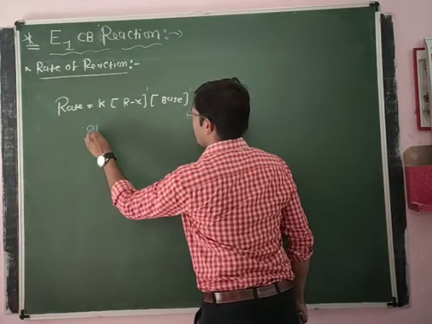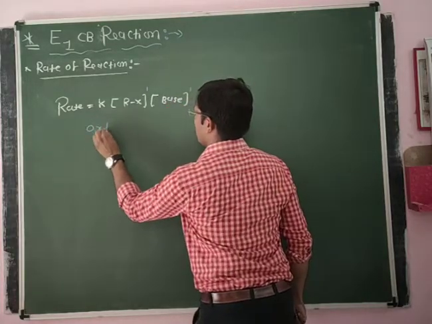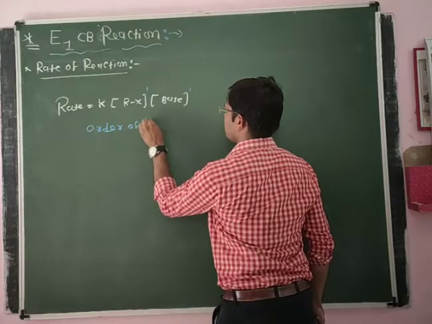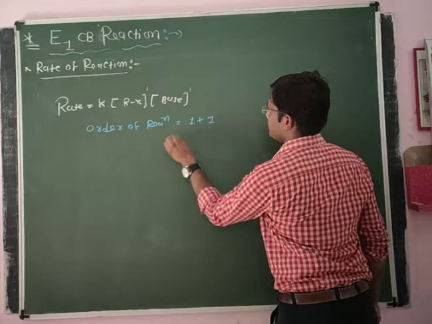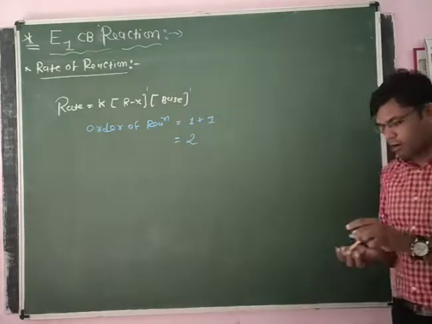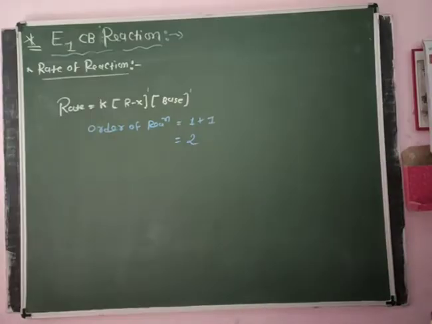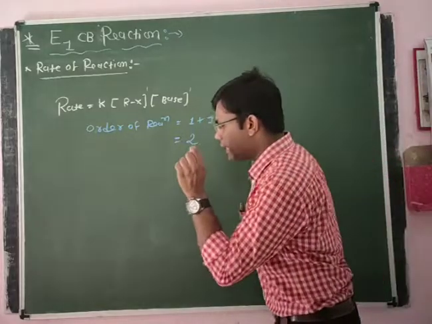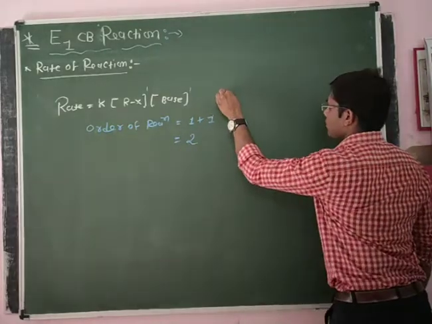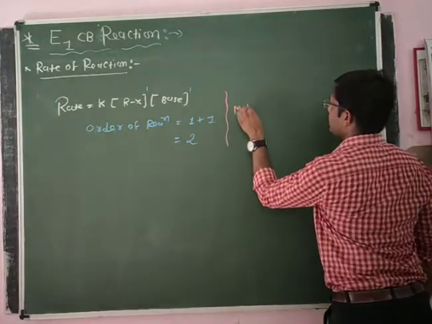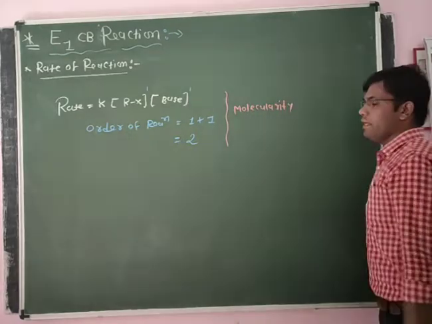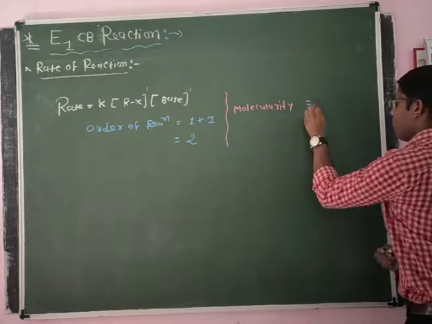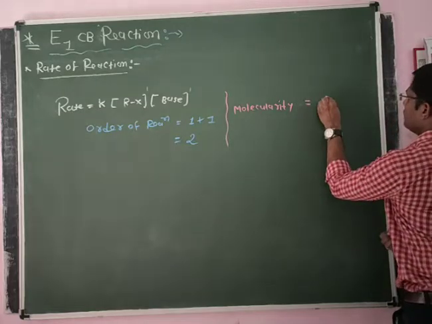So we can say the order of reaction is 1 plus 1, meaning it is a second order reaction. It is the second order reaction. And the second important point here is molecularity. So here molecularity is, remember very well, 1.